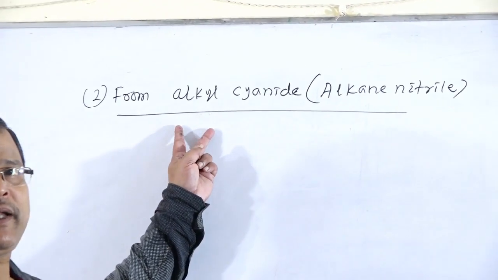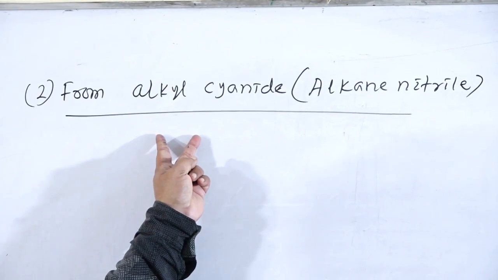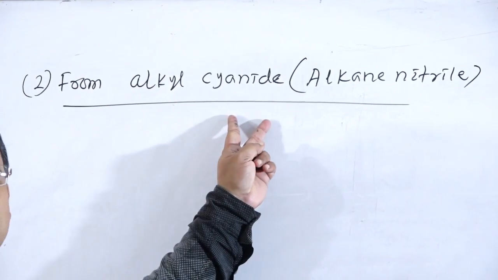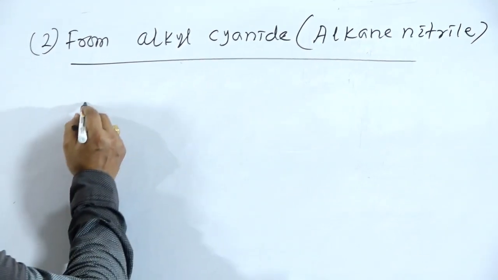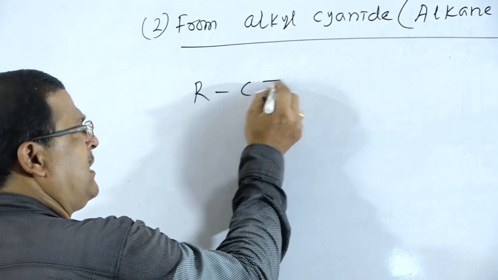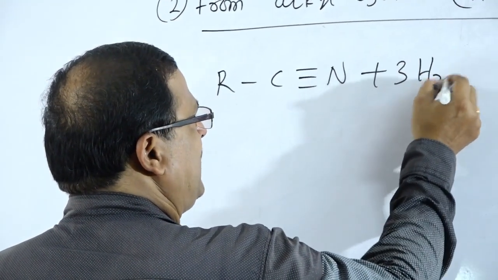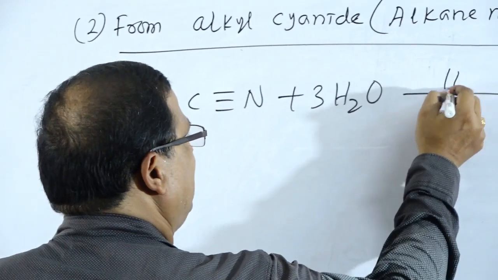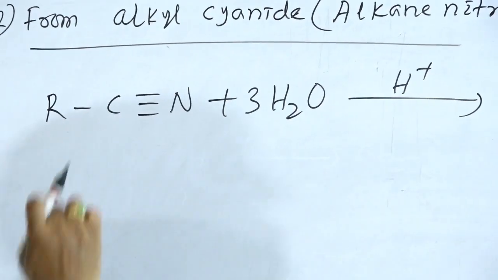The next method of preparation of carboxylic acids is by the acid hydrolysis of alkyl cyanides, that is alkane nitriles, having the formula R-C≡N. This is treated with water in acidic medium, that is acid hydrolysis of alkyl cyanides.